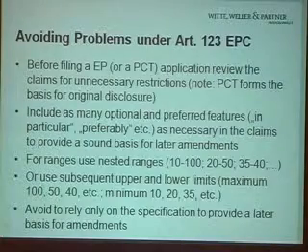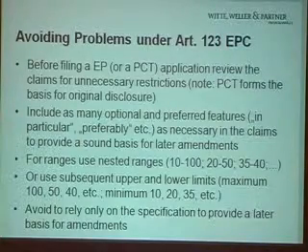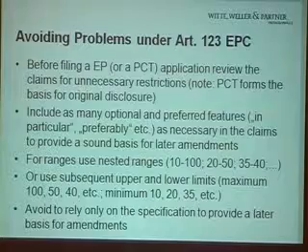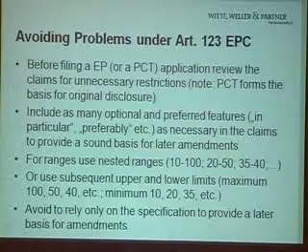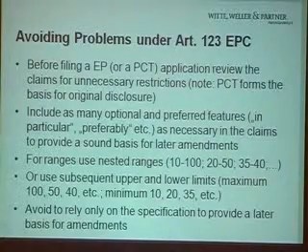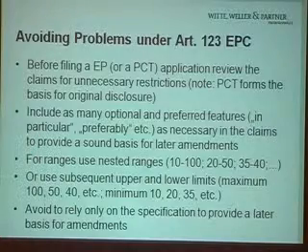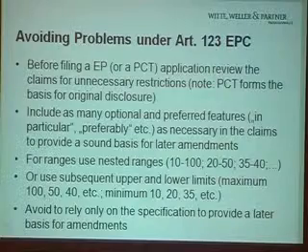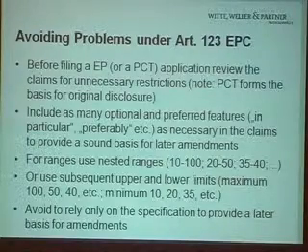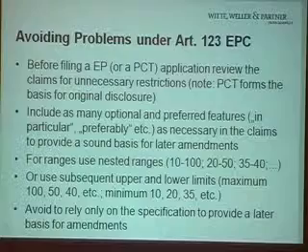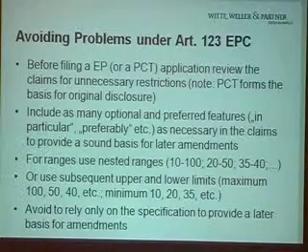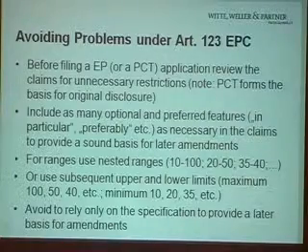For ranges, you may use nested ranges, such as 10 to 100, then next 20 to 50, 35 to 40, and so on. Because in this case, you will not run into the problem that I explained before in the example. Or even better, you may use subsequent upper and lower limits, maximum 100, 50, 40, etc., and minimum 10, 20, 35, etc., preferably in different claims.